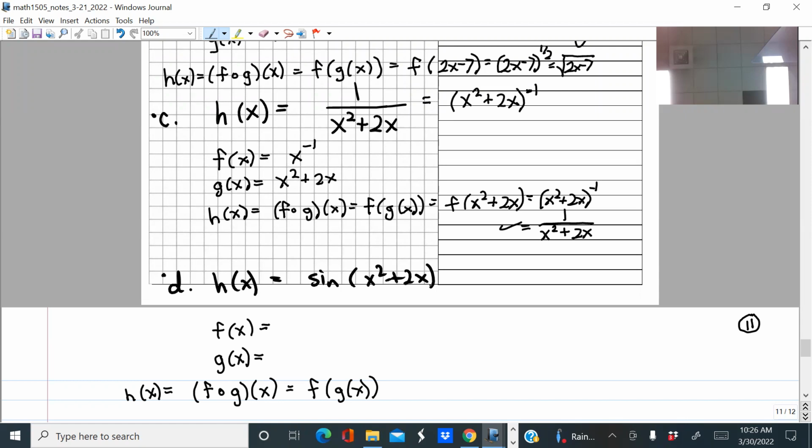The nice thing about these types of problems is finish that evaluation. The nice thing about these problems is what we're doing.